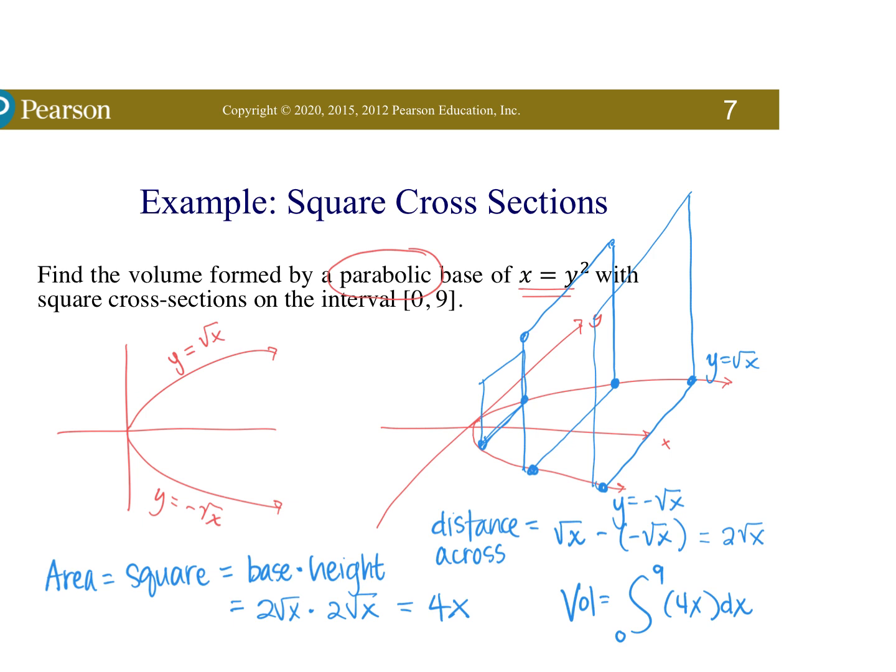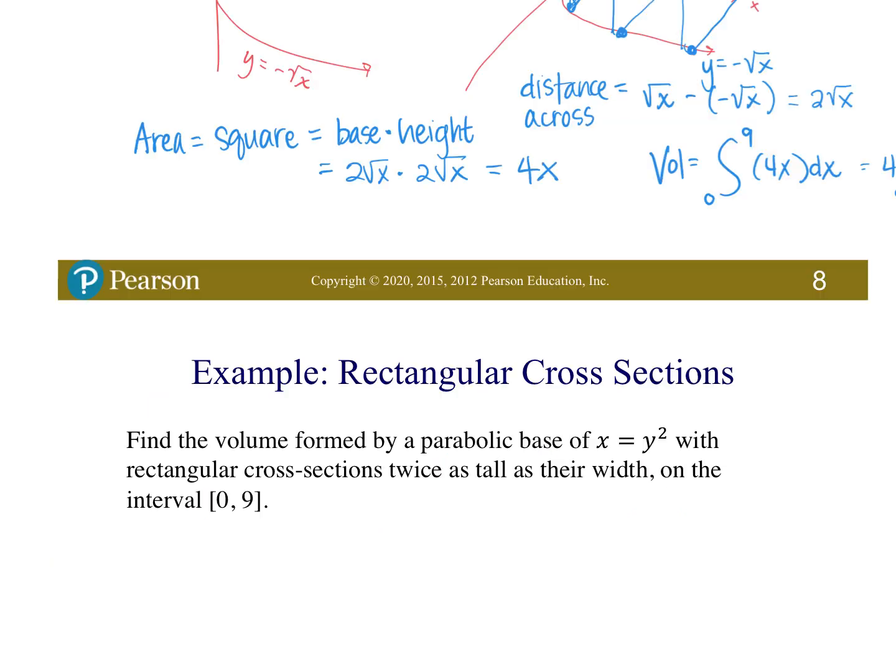Yes, the 4. So you could pull the 4 out to the front if you wanted. So 4 times the integral from 0 to 9 of x dx. And you don't need Math 9 to do that. You could do that integral just by a normal antiderivative. 162. Okay, all right, let's keep going.